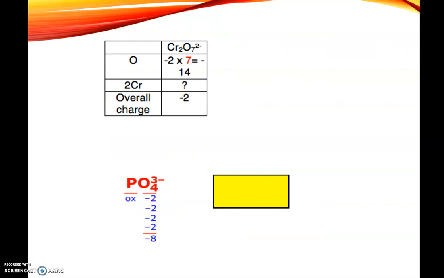Okay, again, similarly here for dichromate, this formula of an ion you do need to know. We've got 7 oxygens combined -2, so that gives us a grand total of -14. We've got 2 chromiums, and we've got a charge of -2 this time. So now we set it out that we have 2 chromiums, going to add to that -14, and that equals our charge of -2.